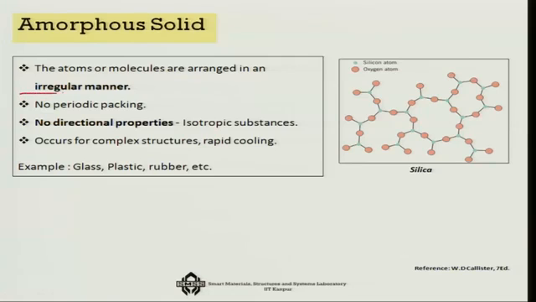That means the atoms or molecules are arranged in an irregular manner. So, you will not get any periodic packing in such a system, and you will not see any directional property in such a system. So, they are basically isotropic because of this reason.